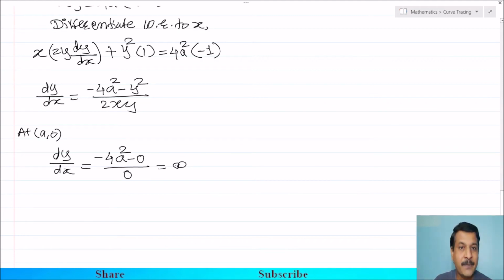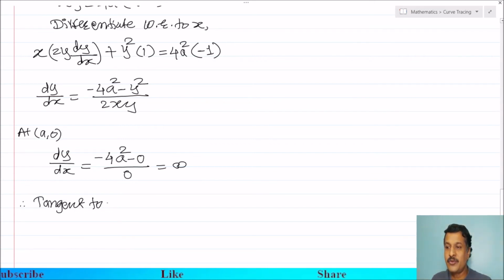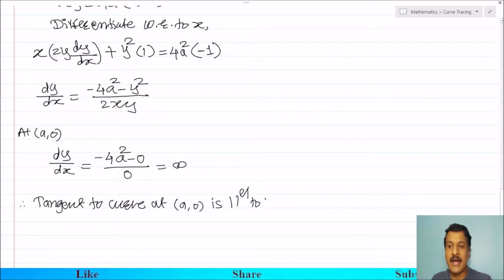Note that if I am getting here 0 by 0, then don't consider this point. Here I am getting dy by dx equal to infinity, and we know if dy by dx is infinity at some point, then the tangent to the curve at that point is parallel to y-axis. Therefore, the tangent to the curve at point a, 0 is parallel to y-axis.